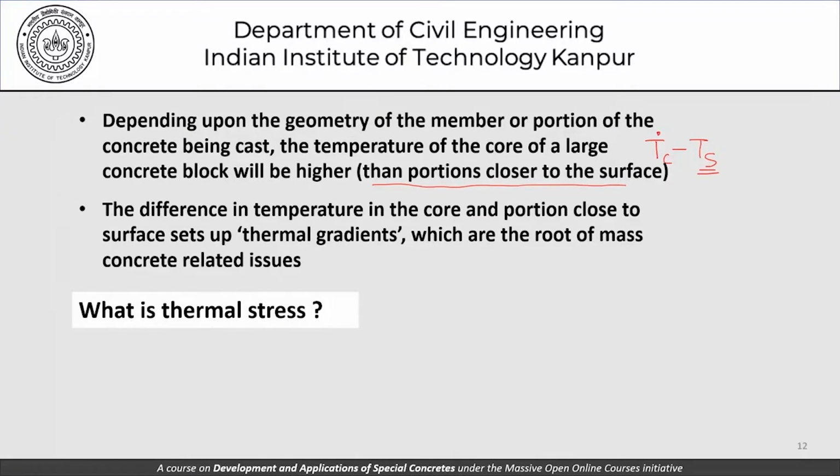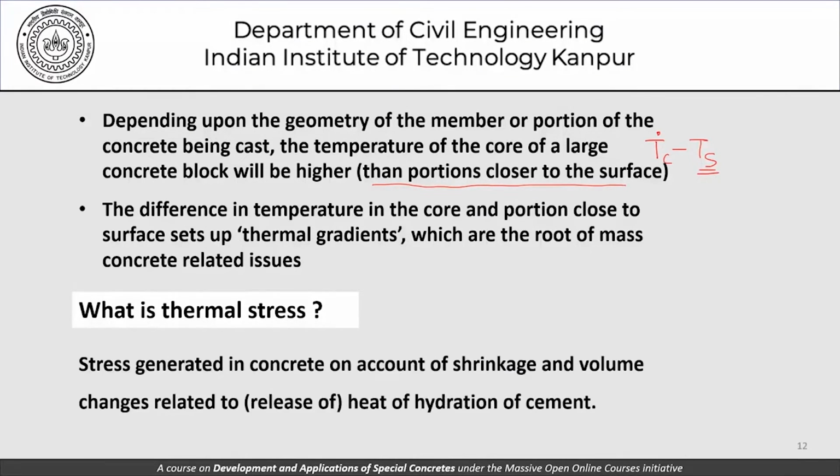What is thermal stress? This is something which we hear all the time. Stresses generated in concrete on account of shrinkage and volume changes related to the release of the heat of hydration of cement. This is the simple definition of thermal stress.